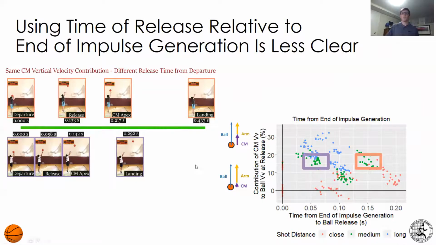What we can do is highlight two participants that have the same contribution coming from the center of mass vertical velocity, yet at two very different times: one releasing at 0.058 seconds after end of impulse generation, and the other releasing at more than double that. This makes sense, as the time to center of mass apex is strongly associated with the vertical velocity of the object.